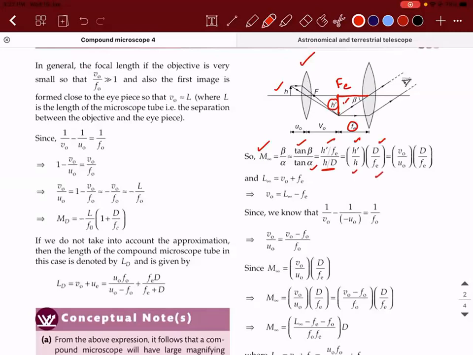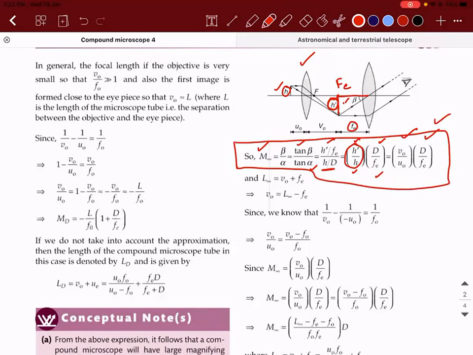But we know that H dash divided by H is equal to V naught divided by U naught, according to the lens formula. So V naught divided by U naught into D divided by FE, and this is the derivation for the magnification produced by a compound microscope when the image is formed at infinity. That's it.